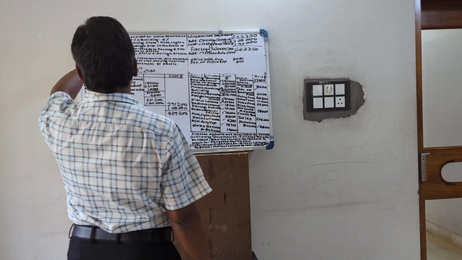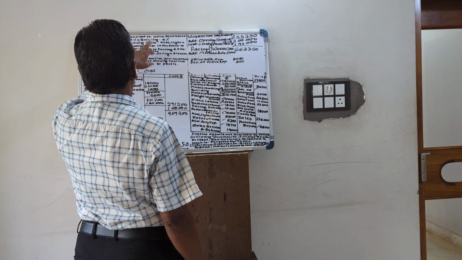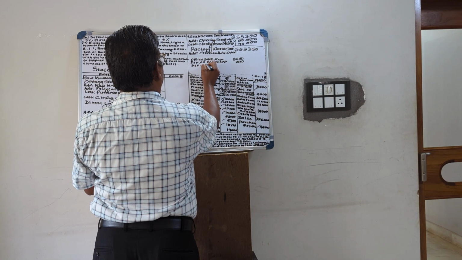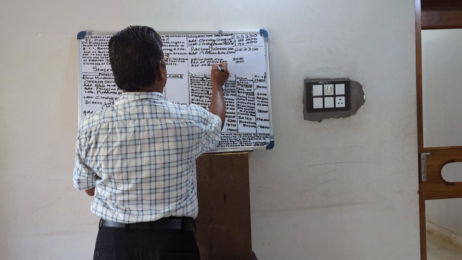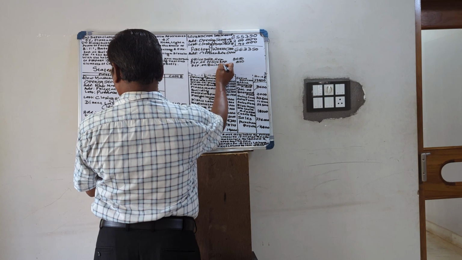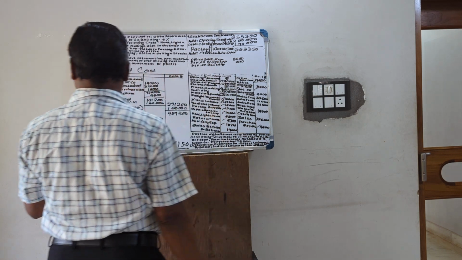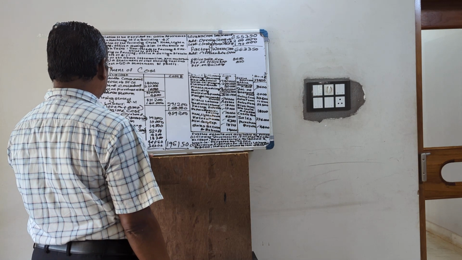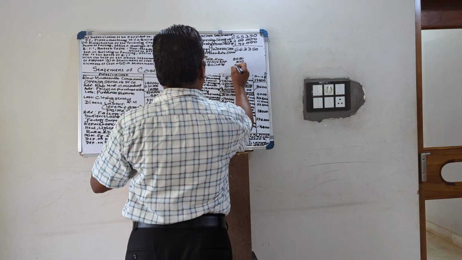Then here depreciation on building. Already we calculated depreciation on building. It is 1/10 of 40,000, that is 4,000.